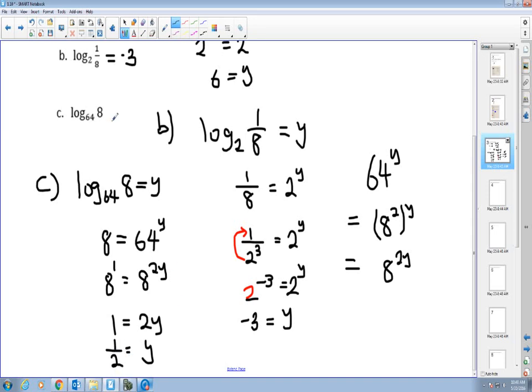Alright, so my answer, log with the base 64 of 8 is actually a half. So a lot of times it's kind of difficult to understand logarithm. That's the reason why it's easier to convert our logarithm into exponential and look at it from an exponential point of view. Something that's easier to comprehend.